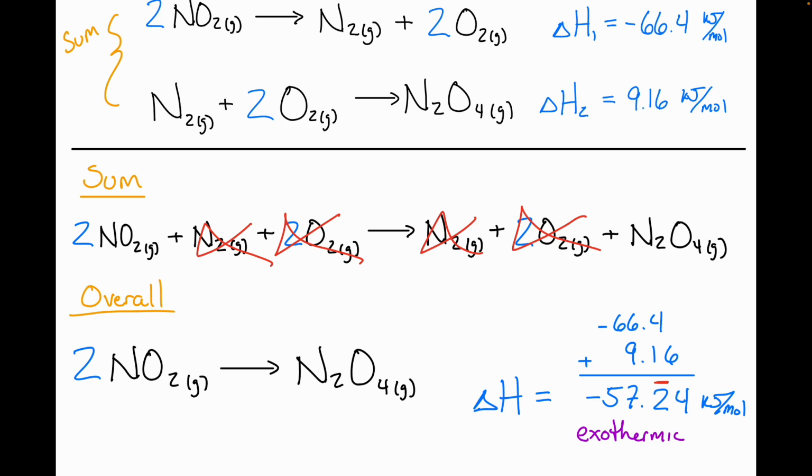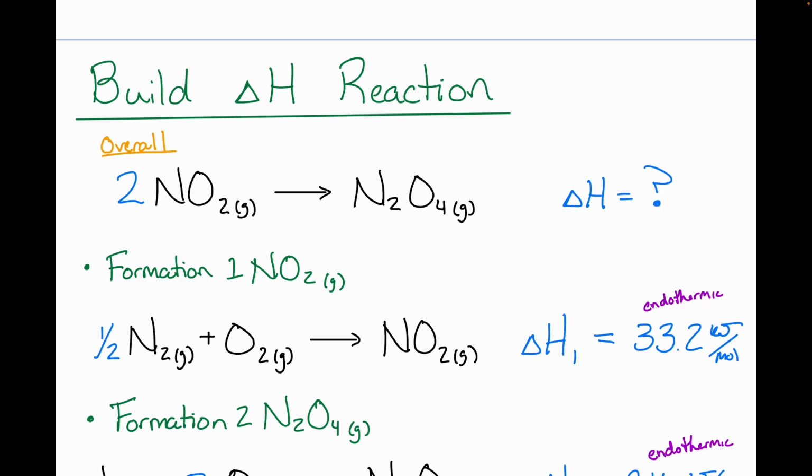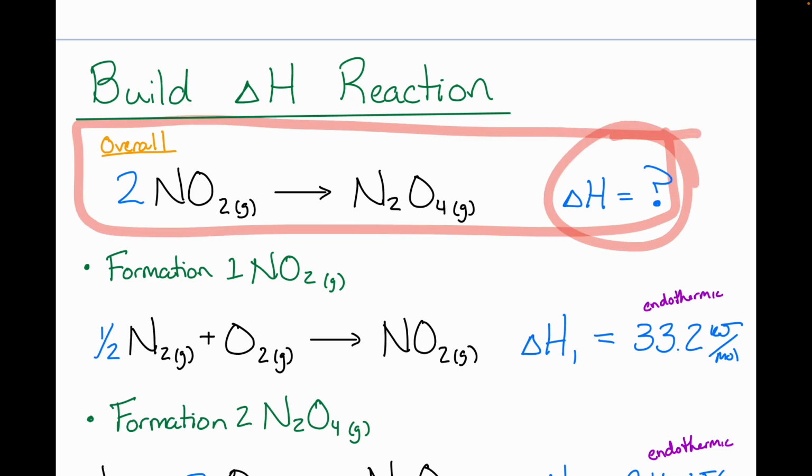All right. So we had this overall equation here. This is what was given. And we said we want to know what the enthalpy is of this equation. So what we did is we took our compounds, our reactant, broke that up into its formation equation, and looked up the delta H of that formation equation.